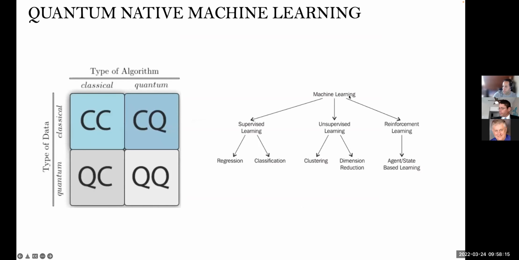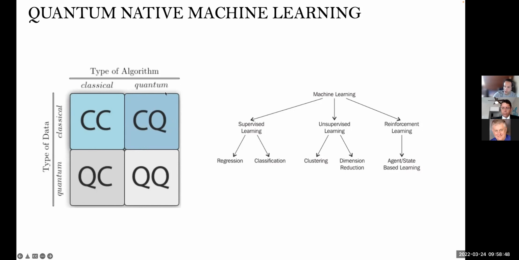In machine learning, we have reinforcement learning, unsupervised learning, and supervised learning. What I see is that unsupervised learning is one of the areas that can make a difference with respect to quantum computing. In general, quantum machine learning has some kind of a grid where you ask what kind of data you're looking at, how you're processing it, and what kind of algorithm. We have quantum data and also classical data, and then we have types of algorithms.